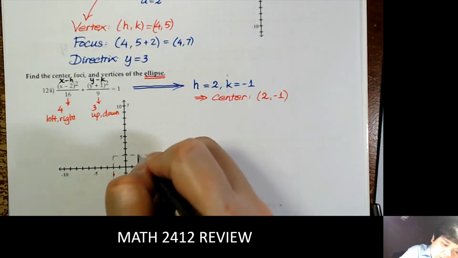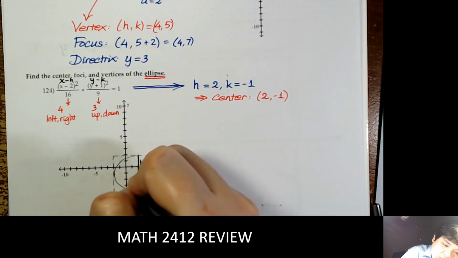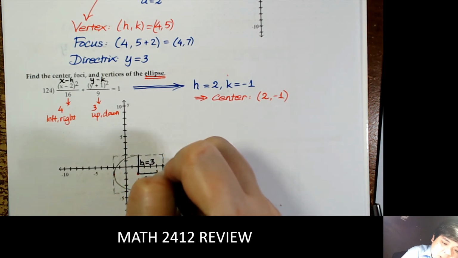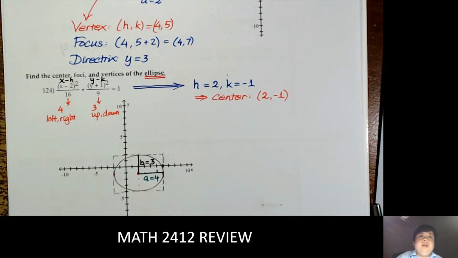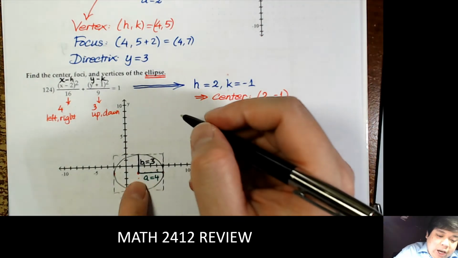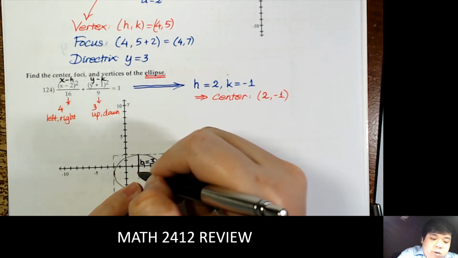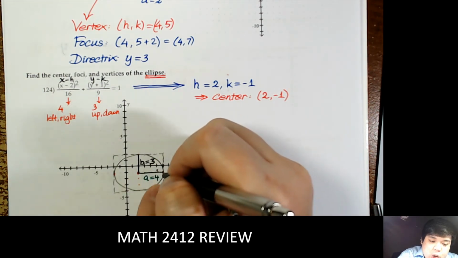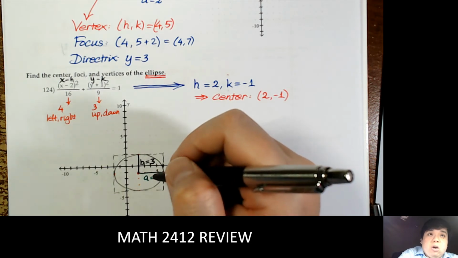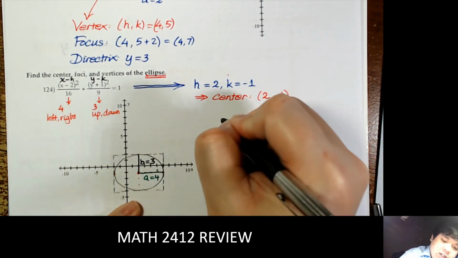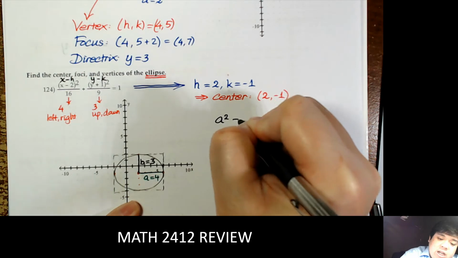Draw the ellipse first. So it won't be like this. Remember, in the ellipse, the distance from the center to the vertex is the longest distance. So A is the longest distance, so A squared stands by itself.